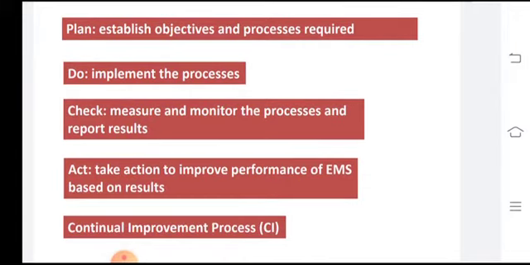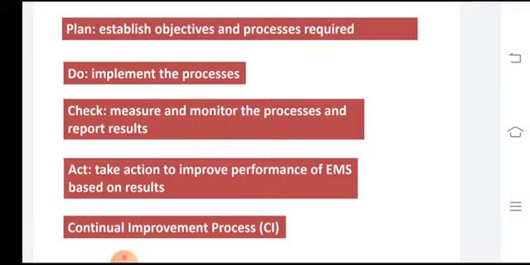It consists of these major factors: planning, then doing, then checking, then acting, and then CI. Plan is about establishing the objectives and processes required. Do is about implementing the processes. Check is about measuring and monitoring the processes and reporting results. Then act is about taking action to improve the performance of the EMS based on the results.